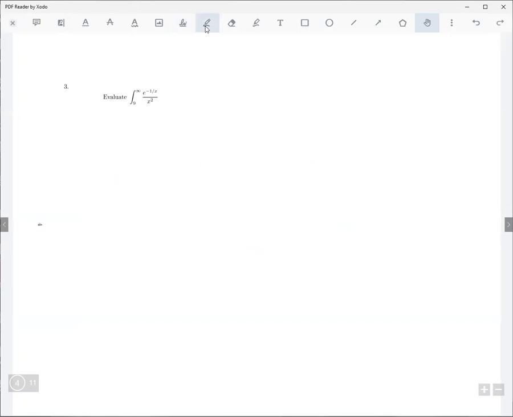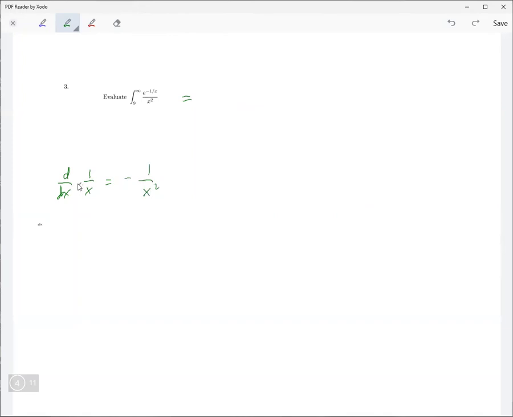Okay, let's do this one right here. Number 3. Again, you're going from 9 to infinity, and so it's not discontinuous anywhere, but it's an infinite interval. Sorry. Okay, now, if you notice that the derivative of 1 over x is equal to negative 1 over x squared, so the derivative of negative 1 over x would be positive 1 over x squared.